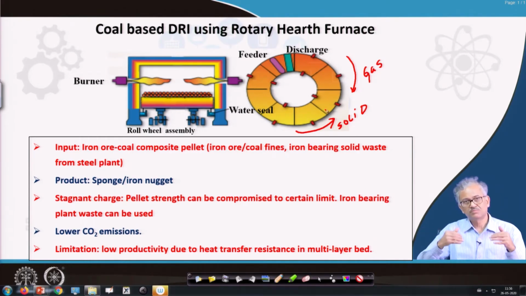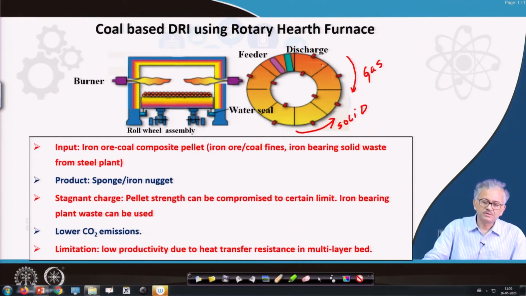So it is a counter current process, but here the gas moves over the bed, over the plate bed. So it is also a gas solid counter current process, and during this movement the solid gets preheated and then reduced and finally comes out, and you can see the gas moves in this direction.